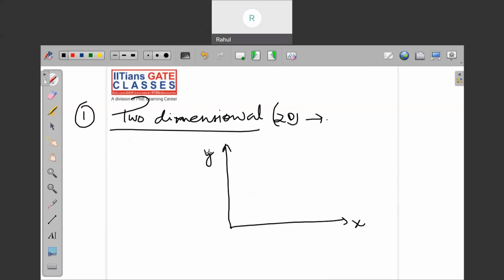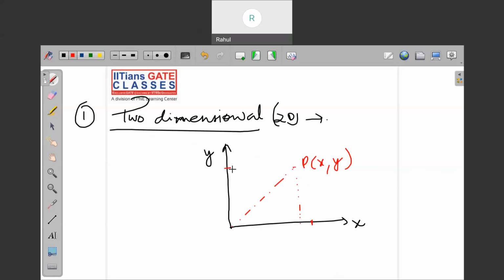Any point we want to locate here, that is the point P. If you go in the x direction, you will cover the distance x, and if you go toward the y axis, you can meet this point here. That point is located here, so you can say that this point has x, y coordinates.